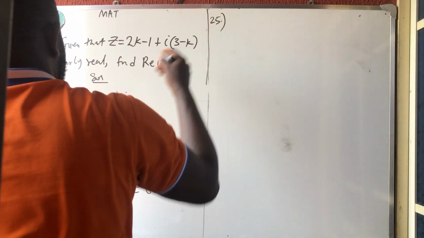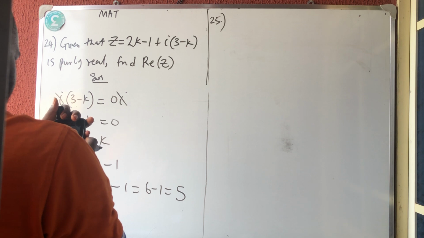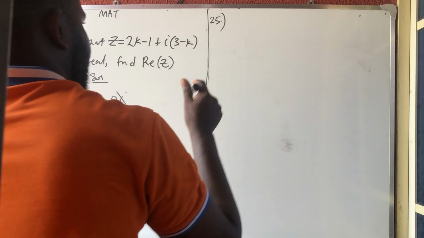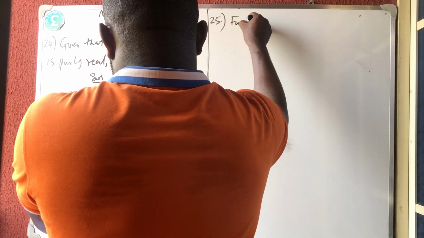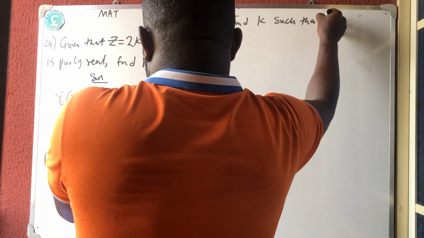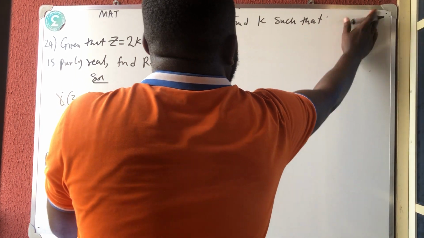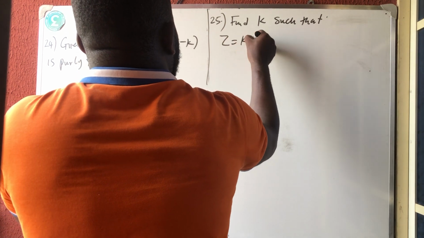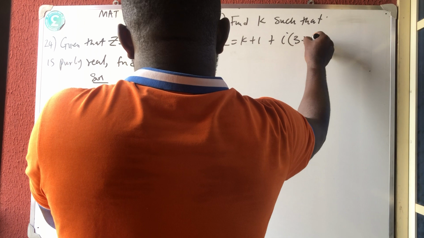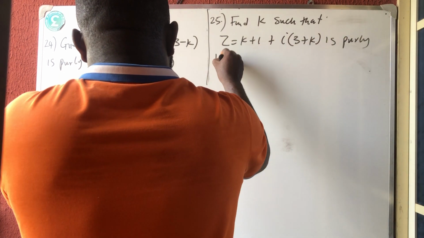Number 25. Number 25 said find k such that z, which is equal to k plus 1 plus i into 3 plus k, is purely imaginary.